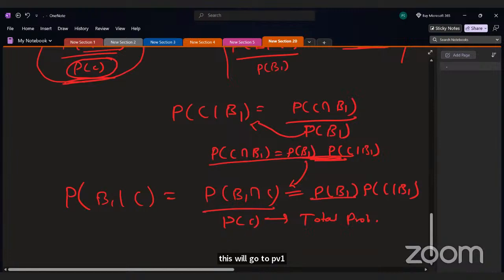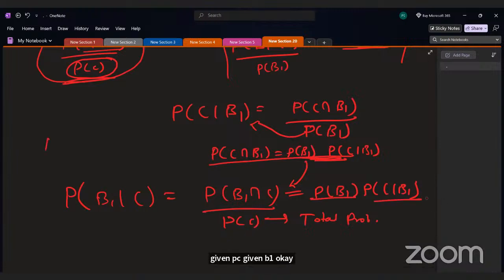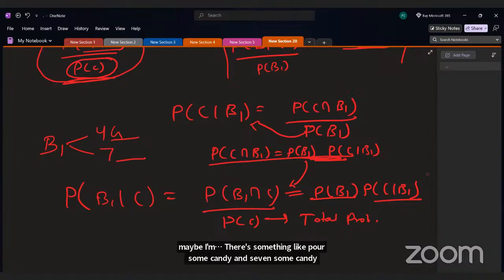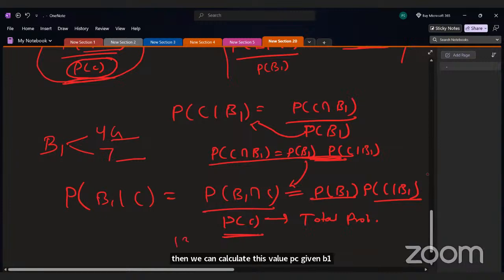We can calculate this because the distribution in bag 1 is given to us. Then we can calculate P(C given B1), which we calculated in the last question, that is 13 by 33. P(B1) is given as 1 by 3. So we can use this formula and get the answer.